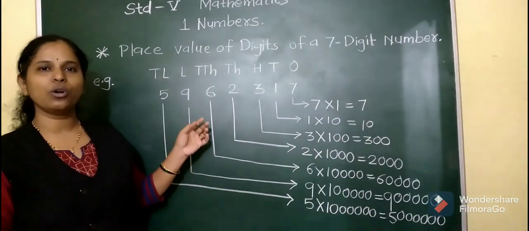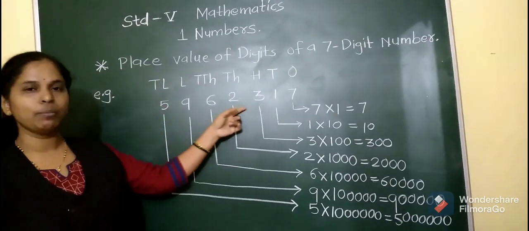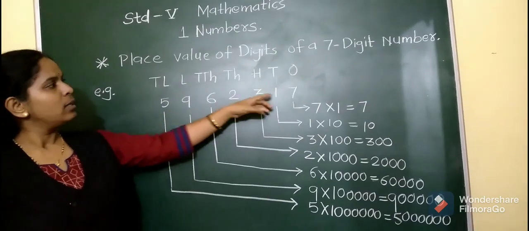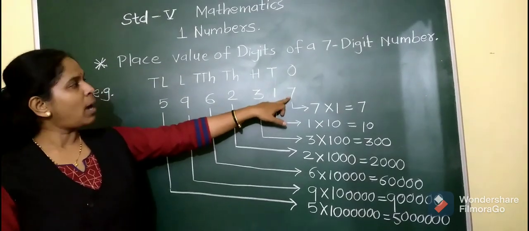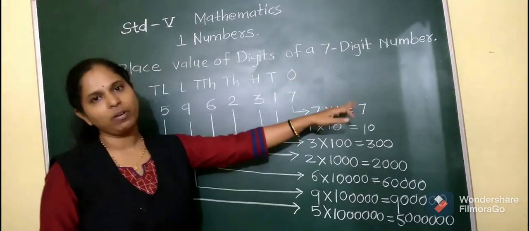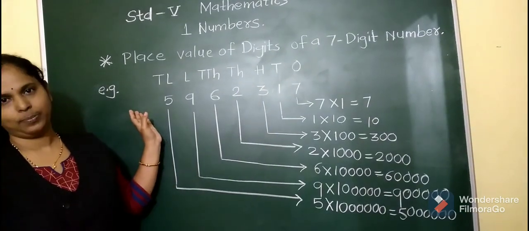So how do we find the place value of the digits from the given number? We multiply the digit by its place. Whatever answer we get will be the place value of the digit in the given number.